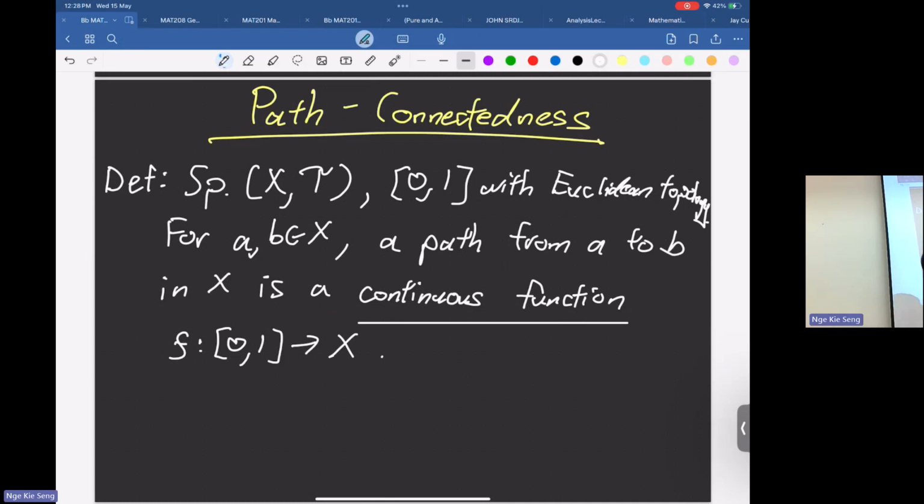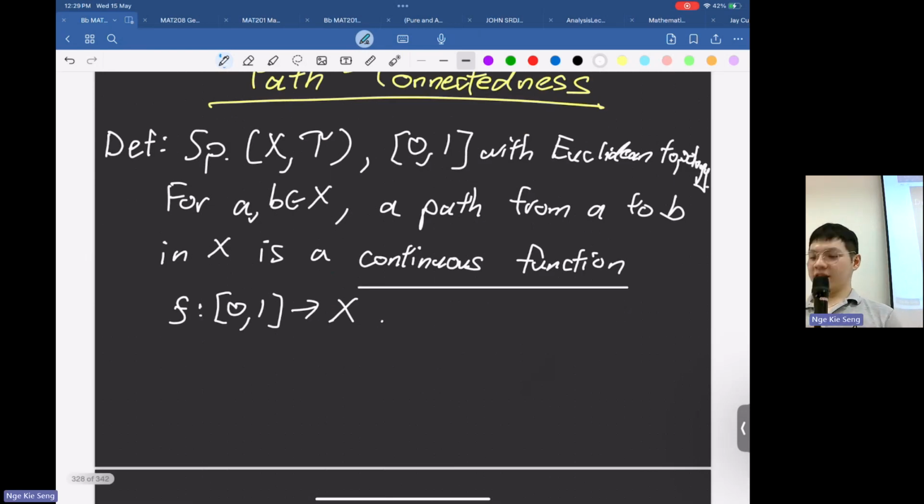So can you talk about open sets in X or not? Yes, because I know the topology on X. Can I talk about open sets in 0, 1 or not? Yes, I know the topology on 0, 1, which is the usual Euclidean topology. So we can check whether the inverse image of an open set in X under this f is open.